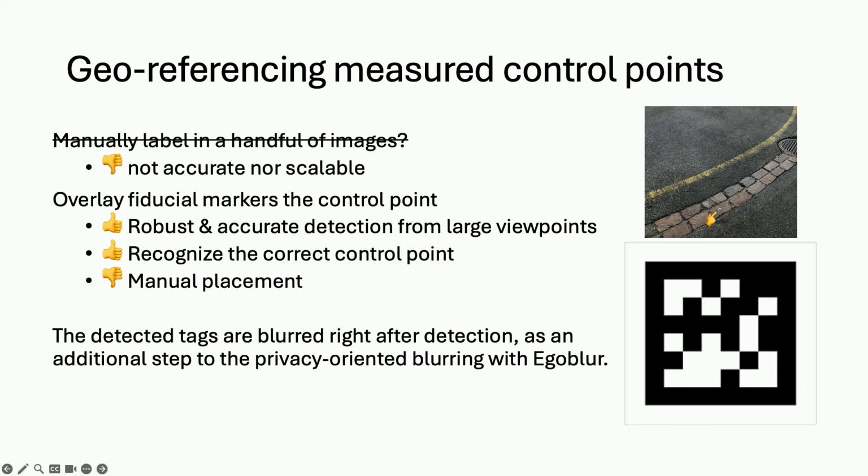It is worth mentioning that the detected AprilTags are blurred right after detection, as an additional step to the privacy-oriented blurring with EgoBlur. This is because we don't want the tags shown in the released data, although some of the detections are still missing, so some tags are still shown, but we blurred a majority of the tags from the recordings.